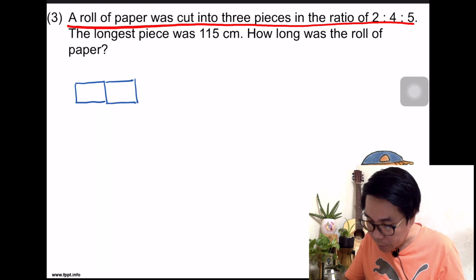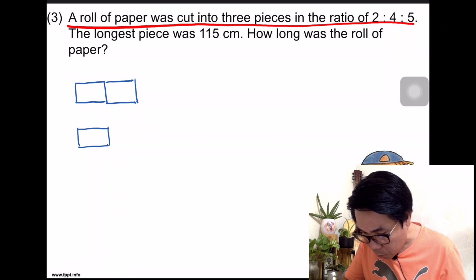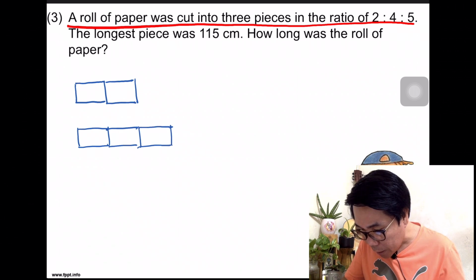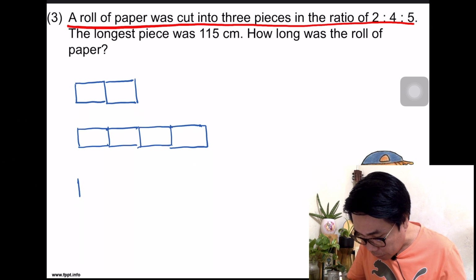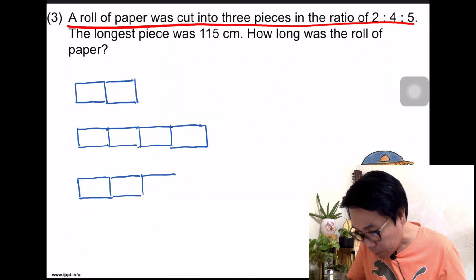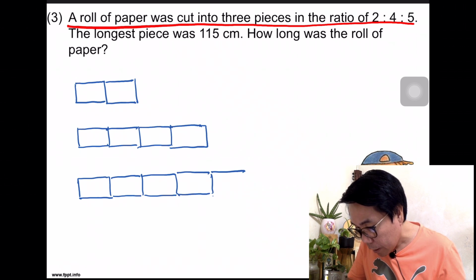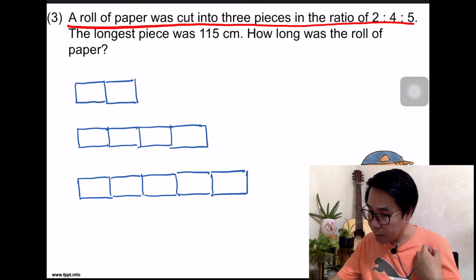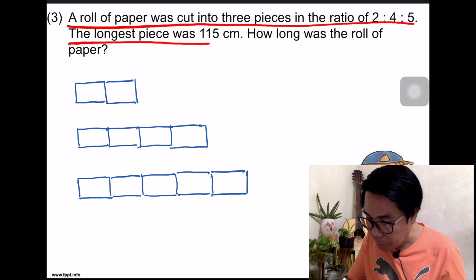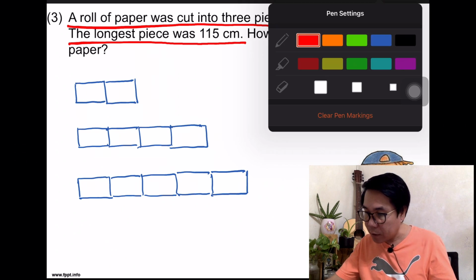The next part made up of 1, 2, 3, and 4. And the last part is made up of 5 units. 1, 2, 3, 4, and 5.